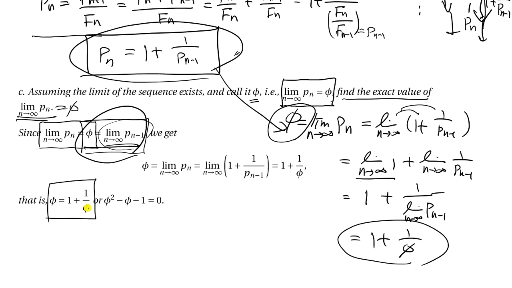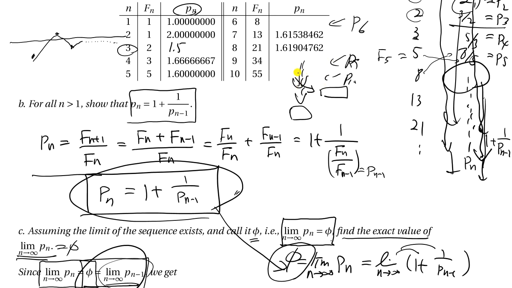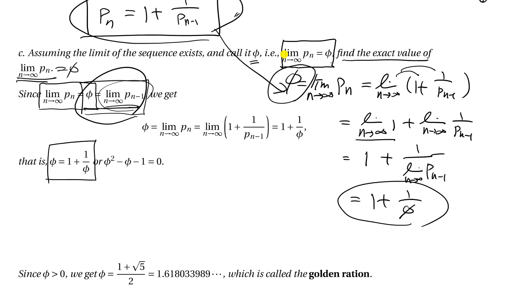So let me multiply by phi on both sides, because clearly phi is not going to be 0, right? It's just between 1 and 2. So multiplying by phi is okay. Then phi squared equals phi plus 1. Or phi squared minus phi minus 1 equals 0.